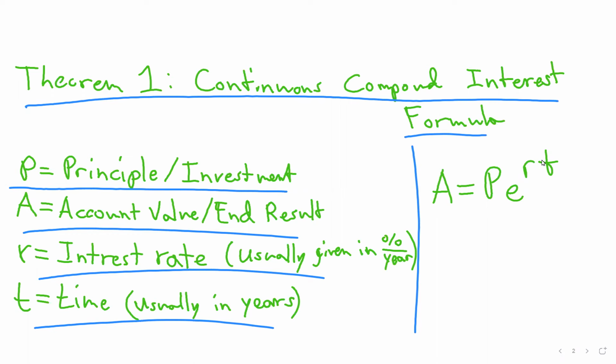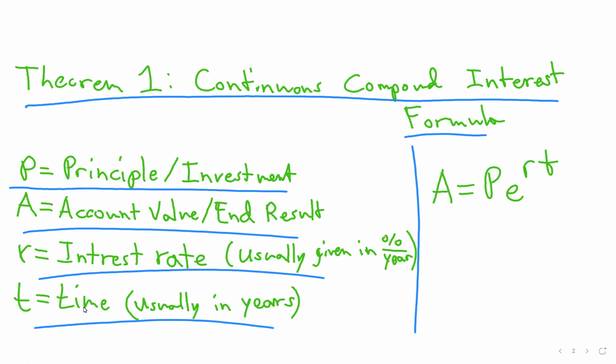And so the interest rate, which is usually given in percent per year or an APR of some sort, is going to be multiplied by our time, which is usually in years, to give that exponent of our exponential.